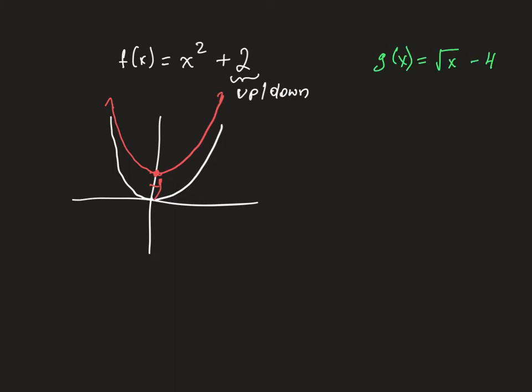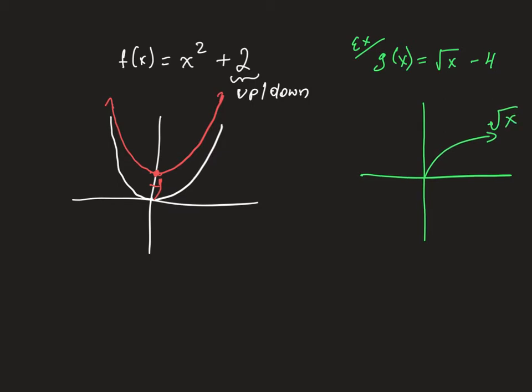Let's take a look at the next example here. I suggest maybe pausing this video for a minute, giving it a try, and then press play. Hopefully you had a chance to draw this, and as I said before, I think the best thing to do is to draw the parent function first. So y equals square root of x is my parent function.